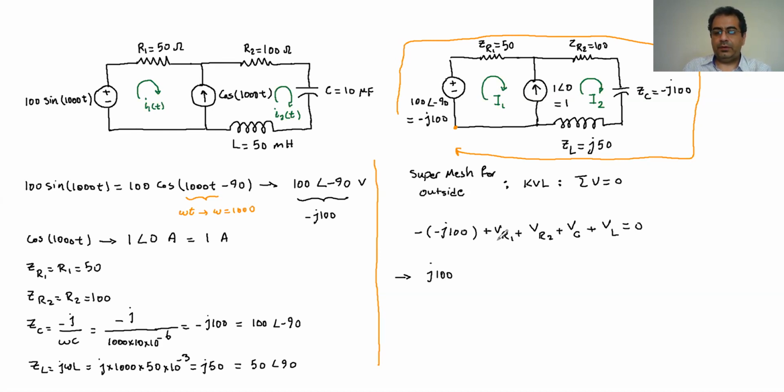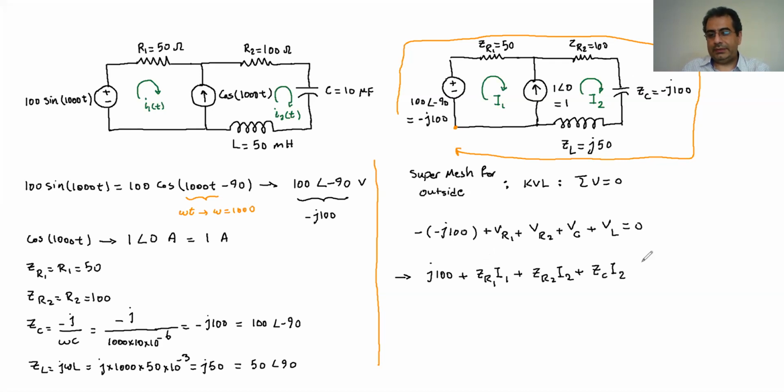Then for the VR1, I have ZR1 times I1 for this one. Then if I come here, I have ZR2 I2. Then here I have ZC I2.